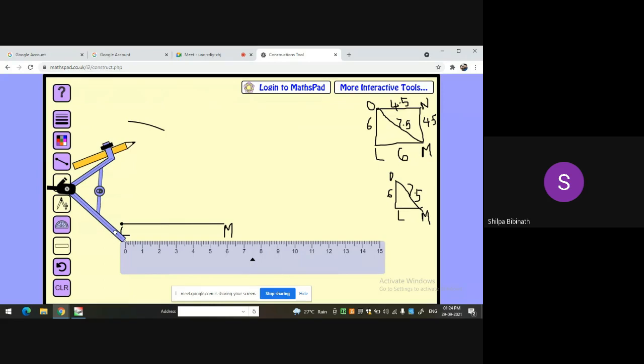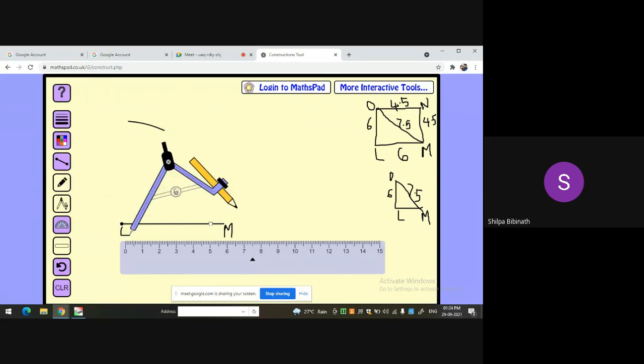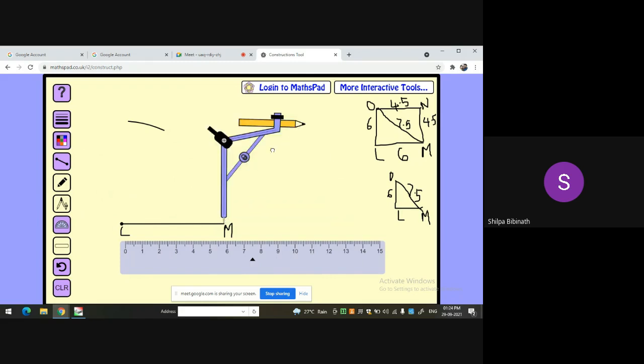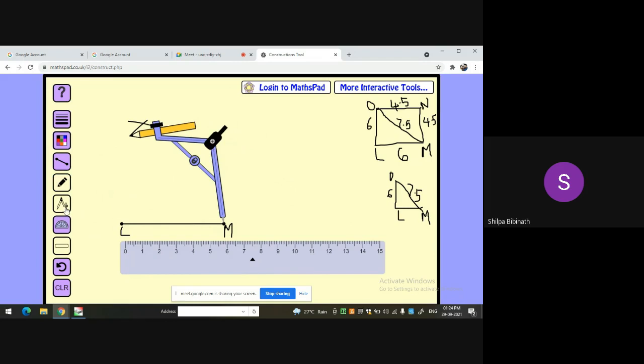Place it properly and take it 7.5 there. Keep it at point M, and then you're going to intersect with the previous arc which we have drawn. Okay, so now we got the point of intersection here.